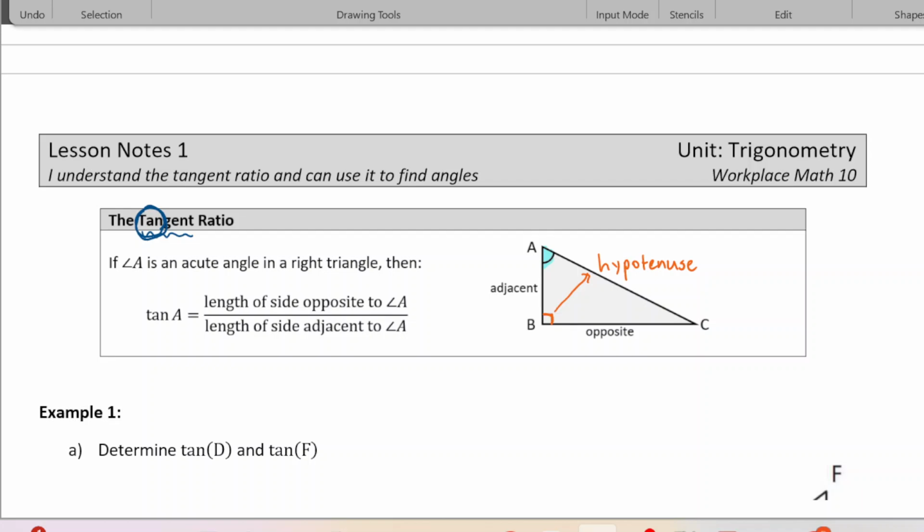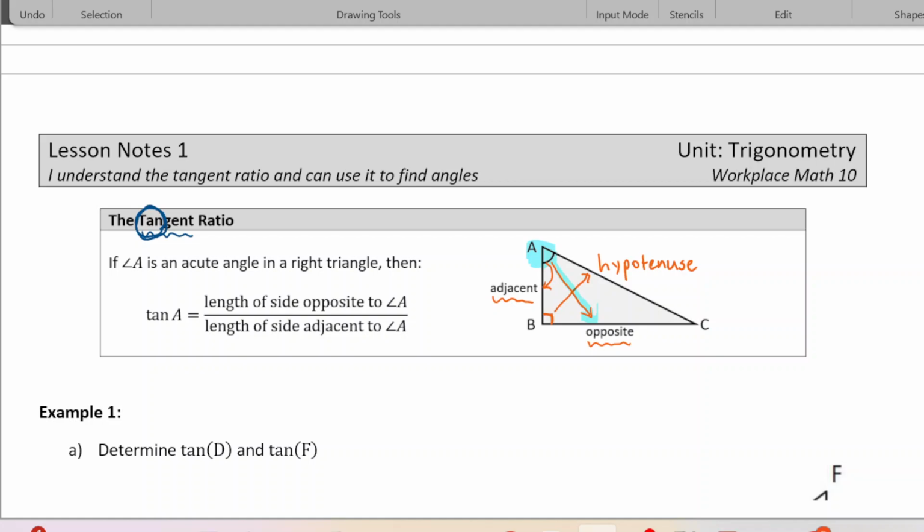If I'm talking about angle A specifically, then the side that's across or opposite from angle A, so if I'm standing at angle A and looking directly across, is called the opposite side. And the side that's right next to angle A is called the adjacent side. Adjacent means next to. So they're named based on where they are relative to the angle. And you always label your triangle this way when we're talking about an angle.